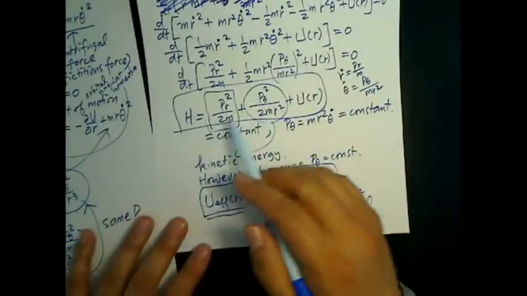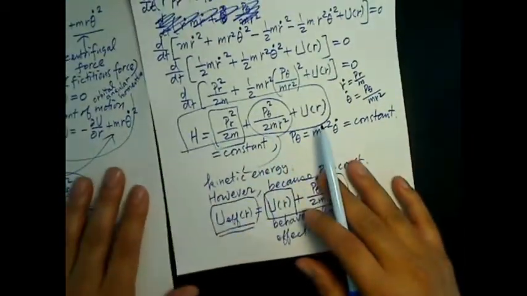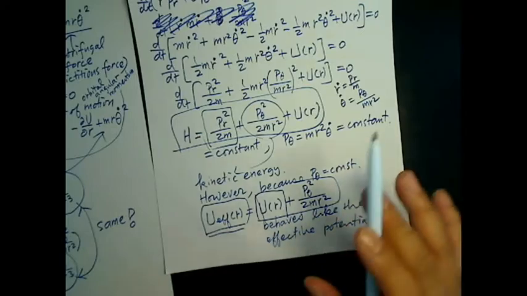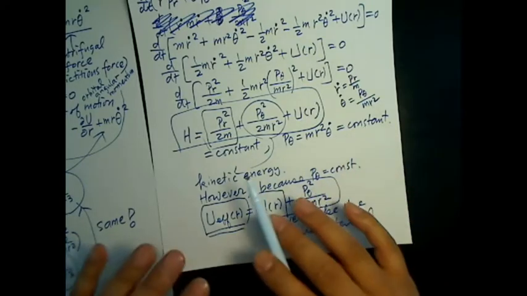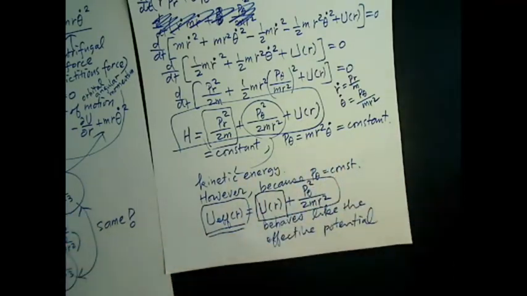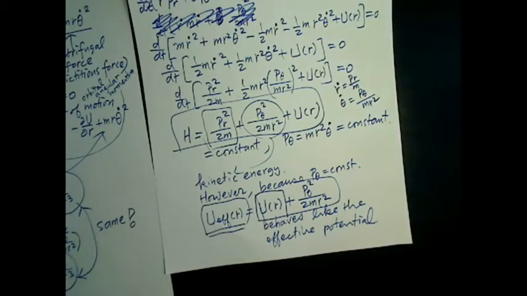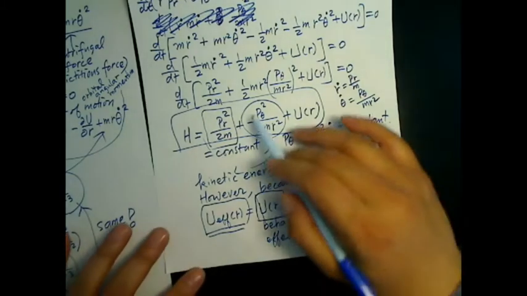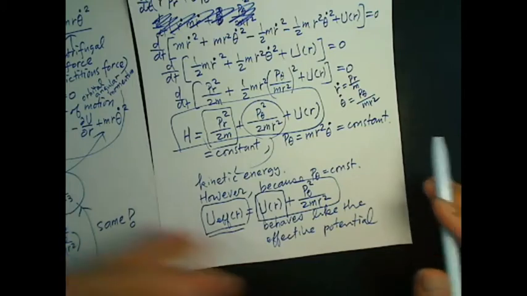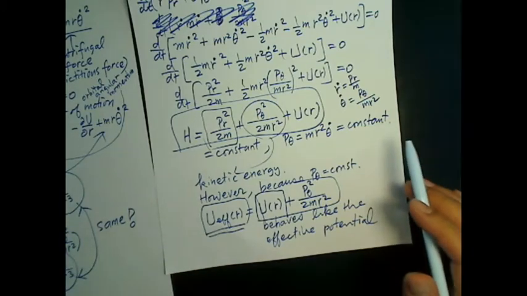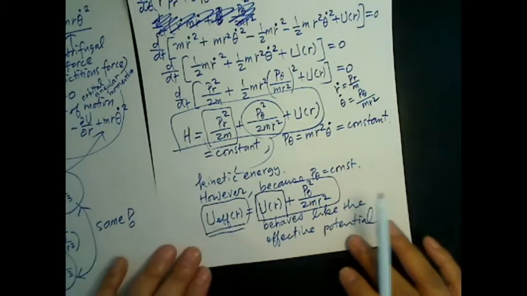Thus, it can be reduced into a single variable form. Let us assume we just collapse the angle in here. We can solve this as just a one-dimensional reduction.